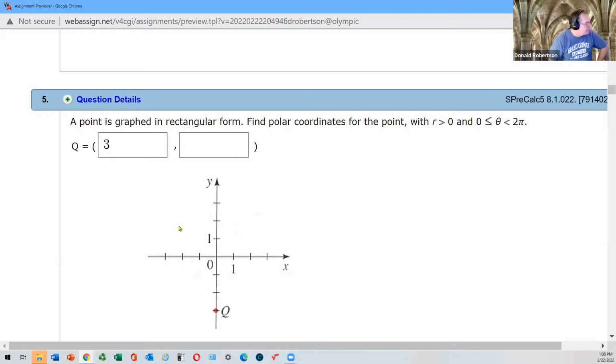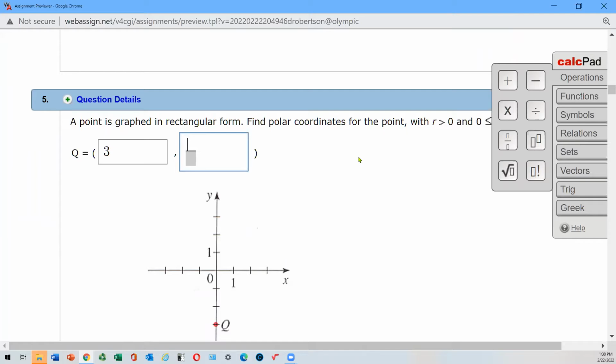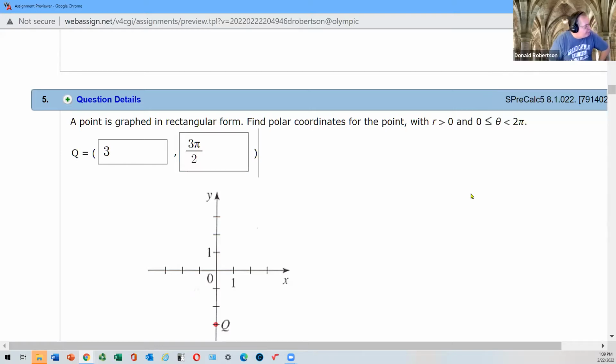Starting at the x and curving round to where Q is. Starting here and then curving like a clock anti-clockwise to here. 3 pi over 2. Okay, so 3 pi over 2. And that's it.